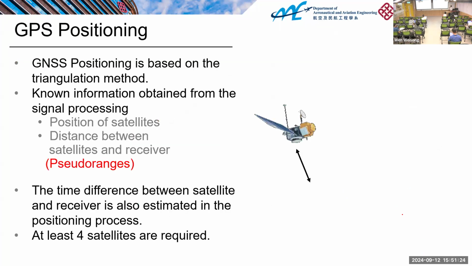Okay, so let's move back to outdoor positioning. Just now we talked a lot about Wi-Fi and angle of arrival. Let's start with GPS. Here we have GNSS, which is the aggregation or combination of different satellite systems.